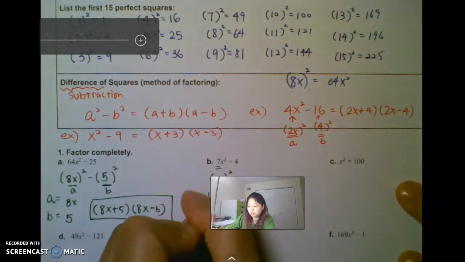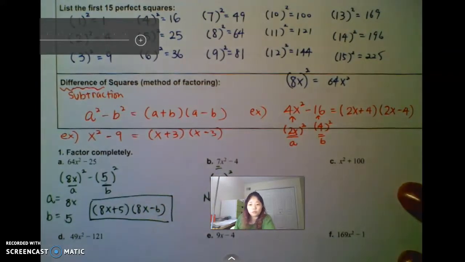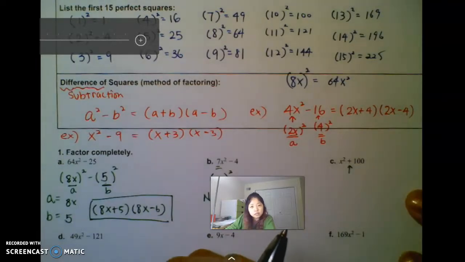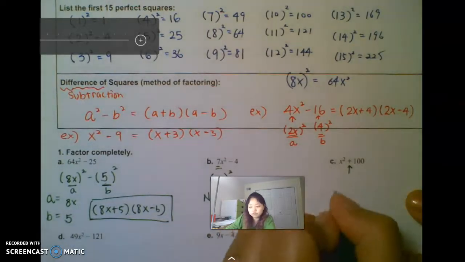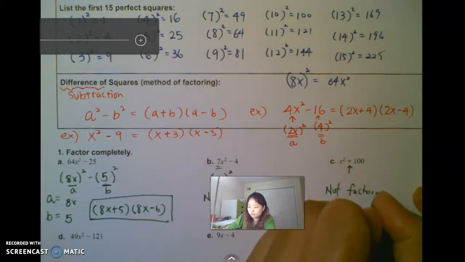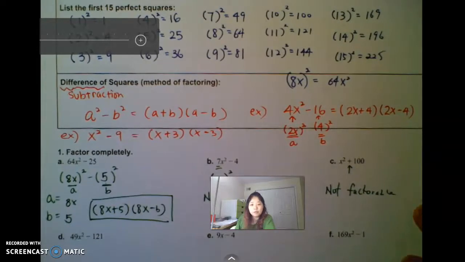That could happen. How about, let's look at C. x squared plus 100? That's not a difference. Nope, can't do. Not factorable. Okay, so if it's not factorable, you just have to say it's not factorable.